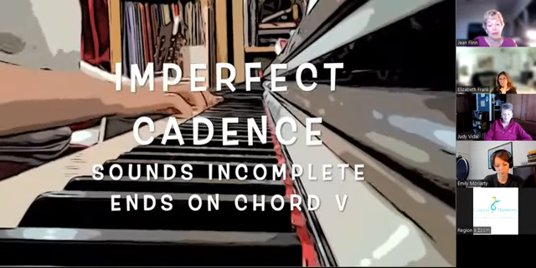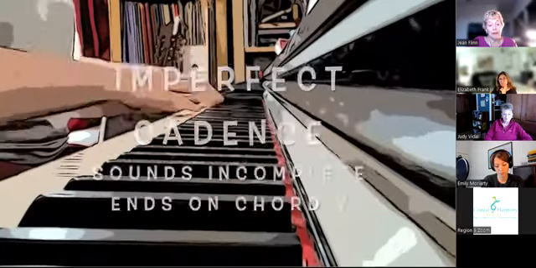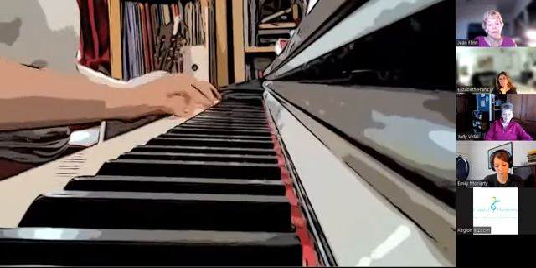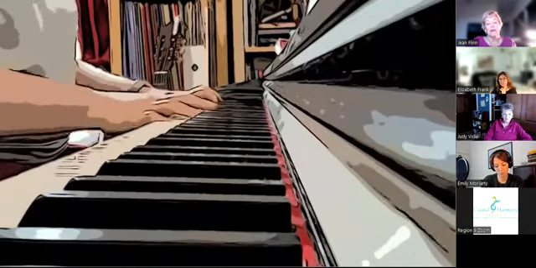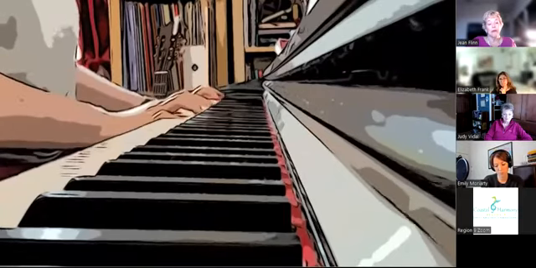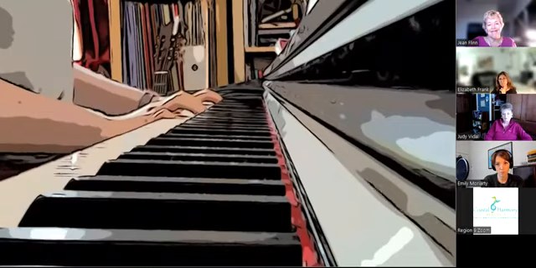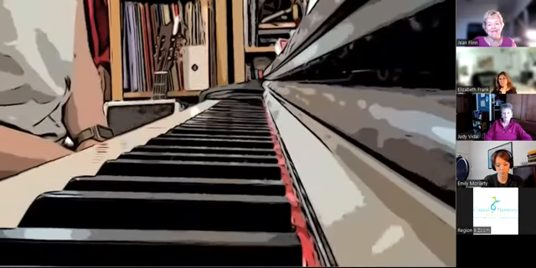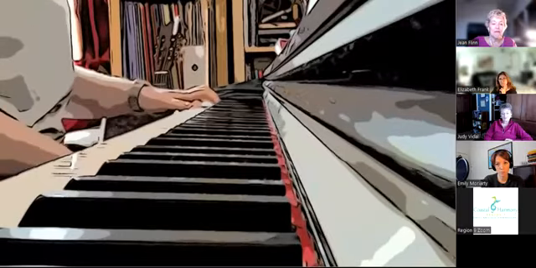So that's chord 1 to chord 5. Let's try that, and we'll just change the ending to have an imperfect cadence. We changed the melody a little bit, but now that sounds incomplete. It doesn't sound as if it's finished yet.